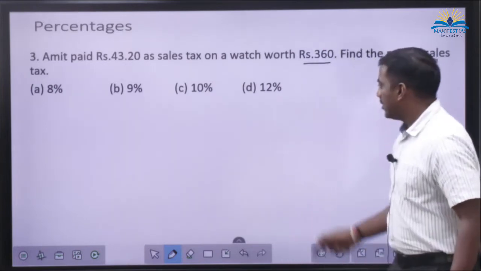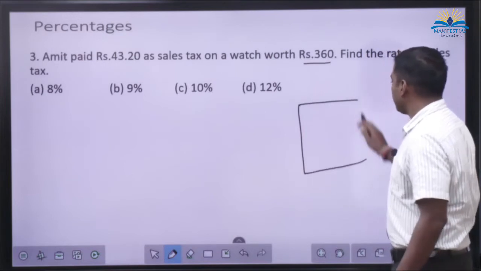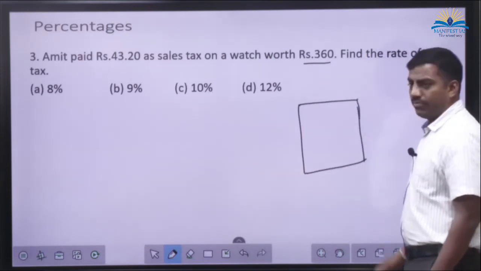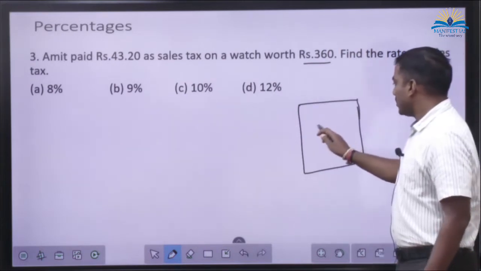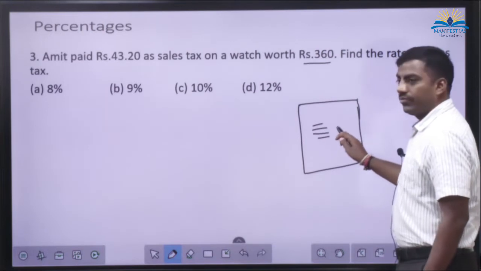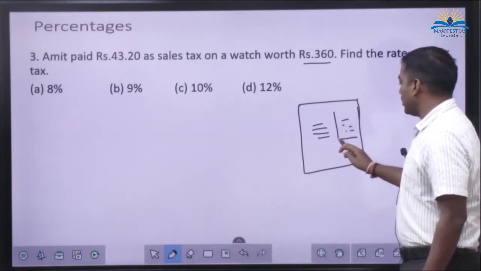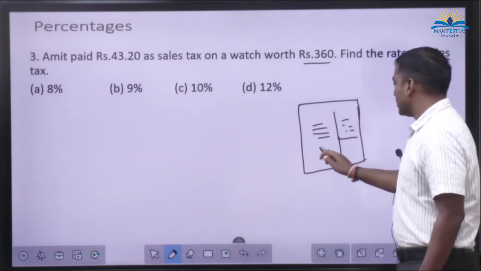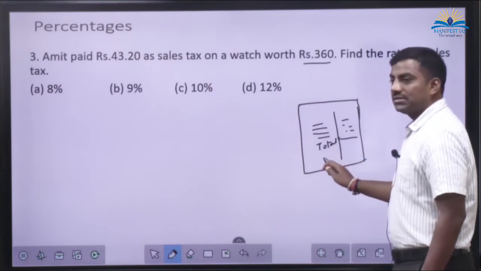Usually if you take any bill, you might have seen this. Maybe when you have gone to a shop or hotel, first they will give your amount, and then they will totally make the sum. So this is the total. Then they will put tax.